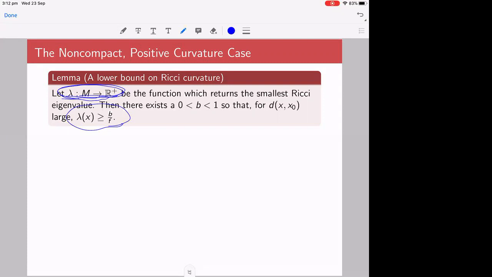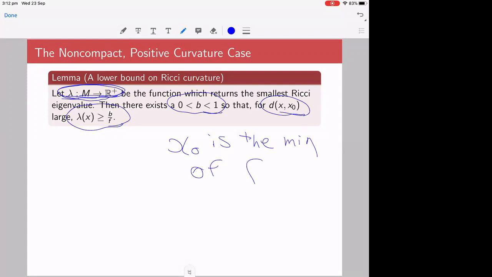All right, in the situation described above, if we've got a gradient shrinking Ricci soliton, then this smallest eigenvalue function can actually be controlled from below by the inverse of the potential function itself. Specifically, there is a number b between 0 and 1, so that the smallest eigenvalue is greater than or equal to b divided by f, at least provided you're sufficiently far away from that reference point, which we described to be the minimum of f.